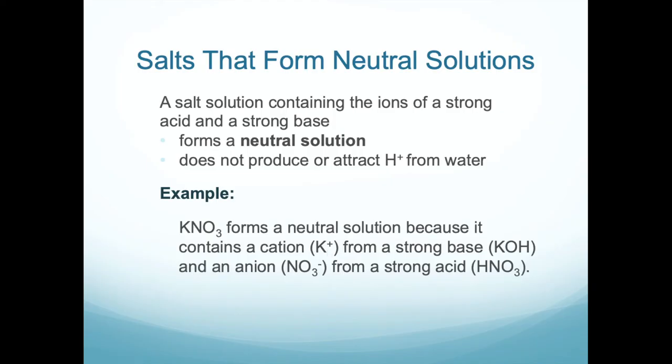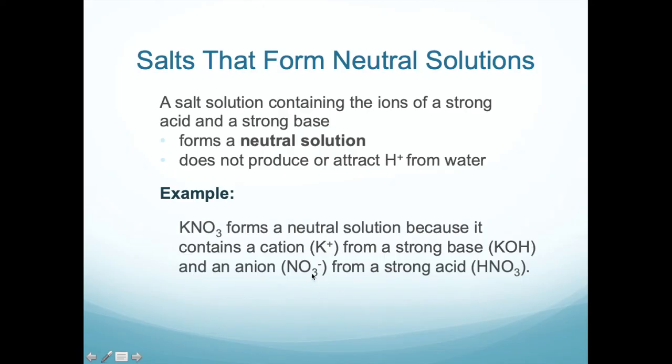But remember, it's a strong base. That reverse reaction will not happen. K+ does not want to go back to forming KOH, which means that K+ will not react with water to form KOH, so K+ is kind of worthless as a conjugate base. It doesn't act as a base.